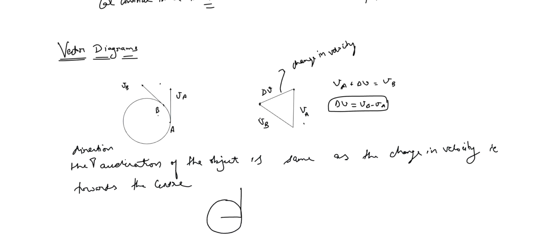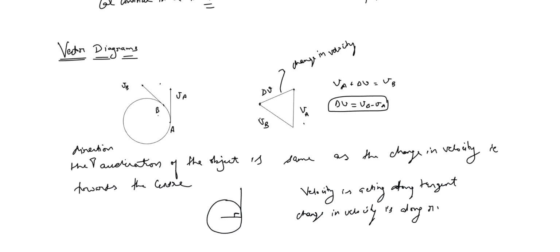So here we can see that velocity is acting along the tangent, and change in velocity is acting along the radius, 90 degrees, right? And tangent and radius are at 90 degrees. What does that mean? Velocity and change in velocity are at 90 degrees.